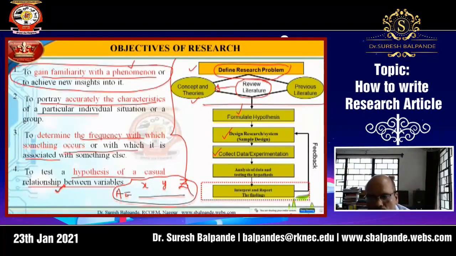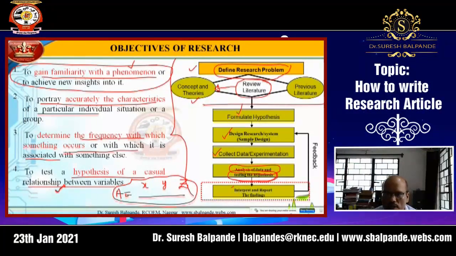Chemists, biologists, they have to do experiments. So they collect the data through experimentation. Then after that, you have to analyze the data. That is very important. Because if you apply some input to your circuitry, it will produce output, but you have to analyze whether it is correct or not. And at the same time, you will be testing your hypothesis also, whether it is meeting all the requirements or not.